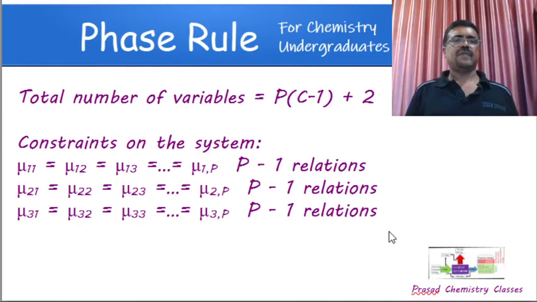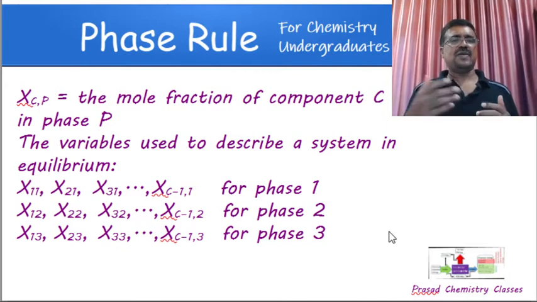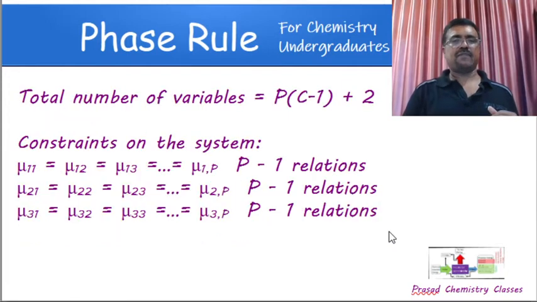Right. The total number of such variables will be, so we require the mole fraction of how many components? C minus 1 components in a particular phase. Why? The last component, the Cth component, its composition gets fixed if you know the composition of all other components in a particular phase. So we require the composition of C minus 1 components only.